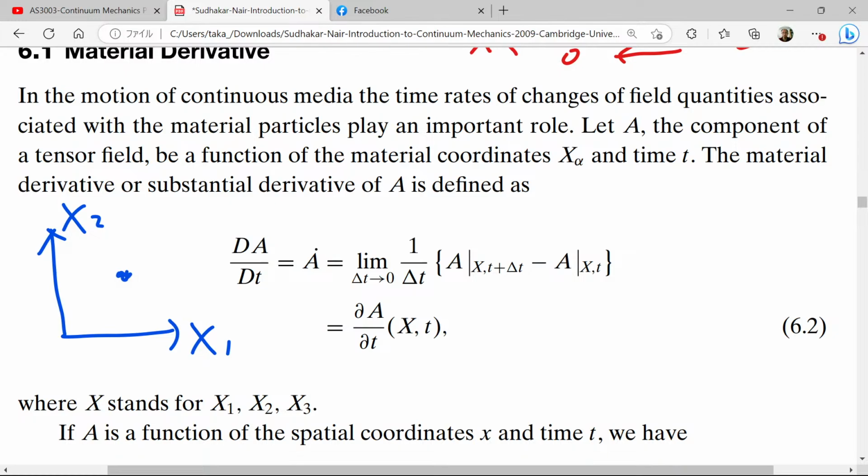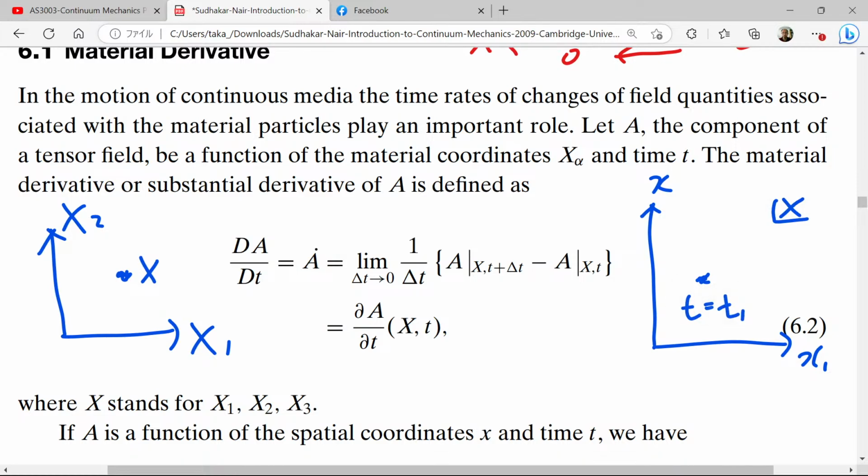Then in spatial coordinates, x1, x2, this is particle X. So particle X is sometimes here. Maybe at t equals t1, particle X is here. Then at another time, t equals t2, particle X is here.